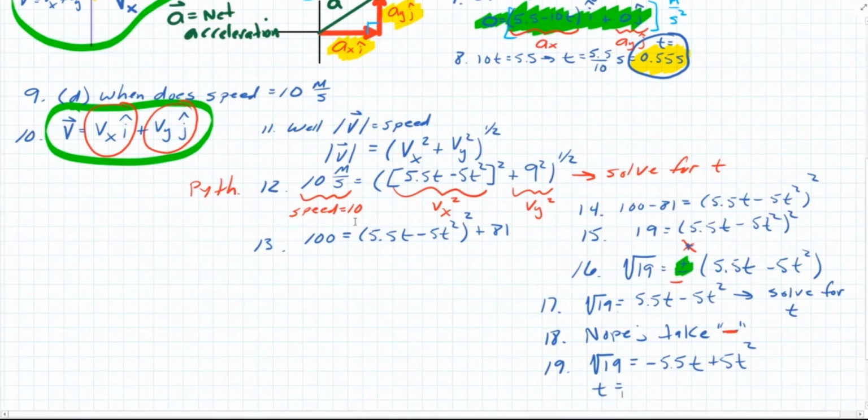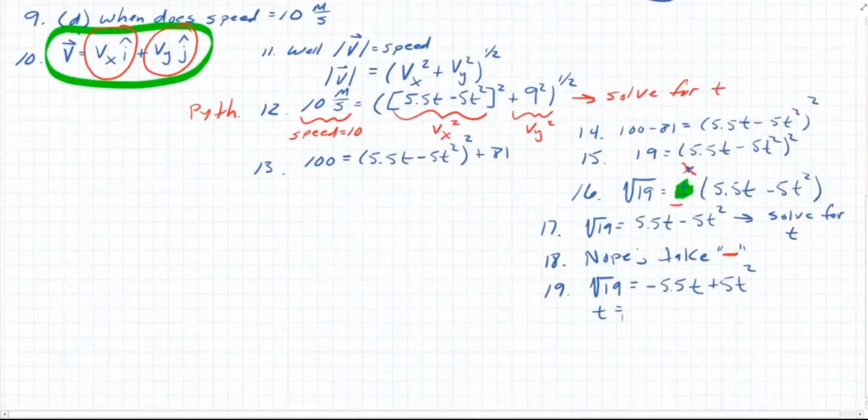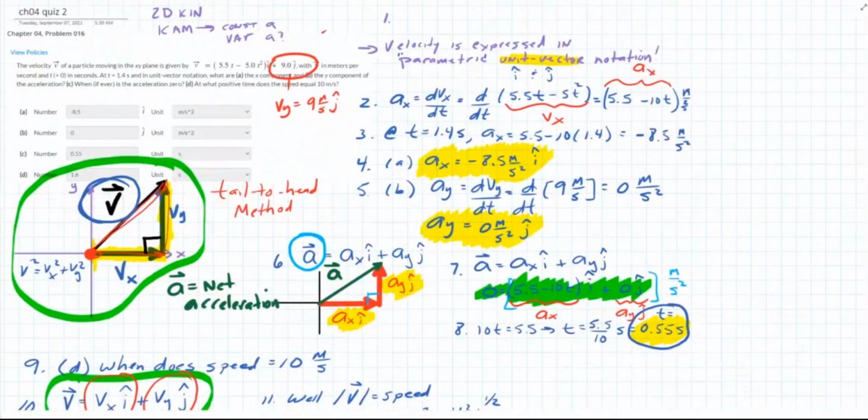My linear term is negative 5.5. And I have negative square root of 19. So what does this equal? 1.6 and some change. Okay. t equals 1.63364. Done. This was part D.